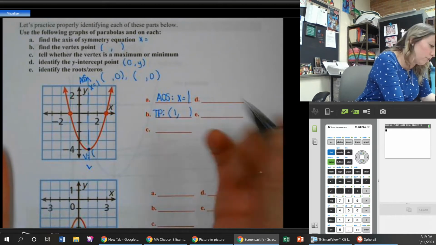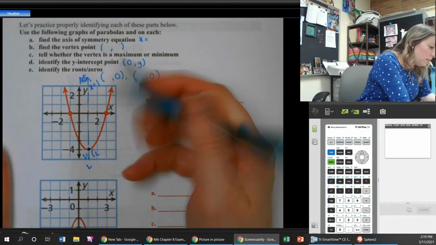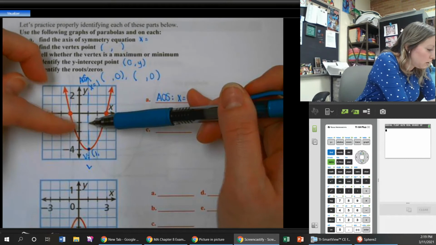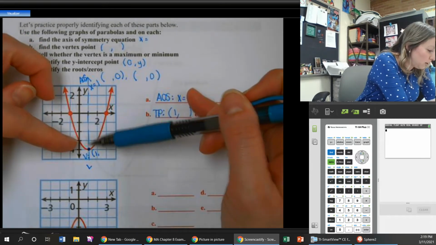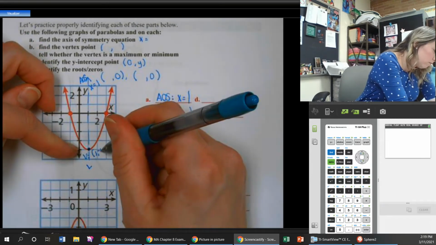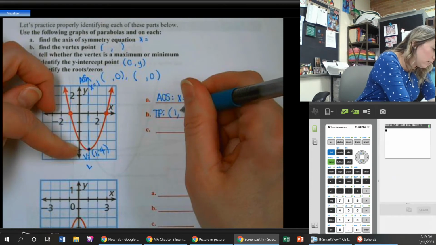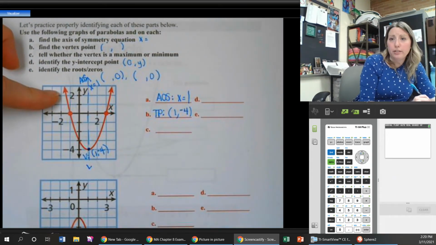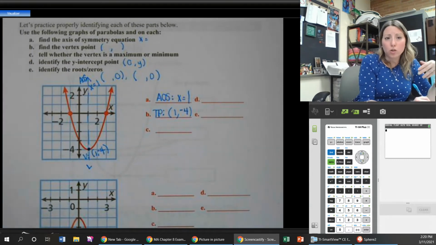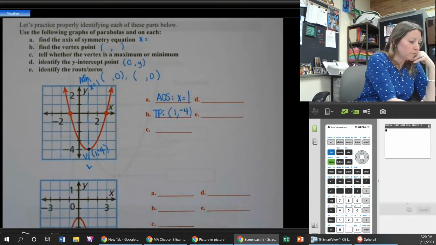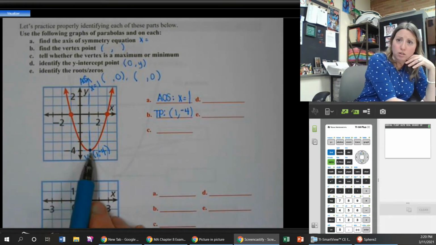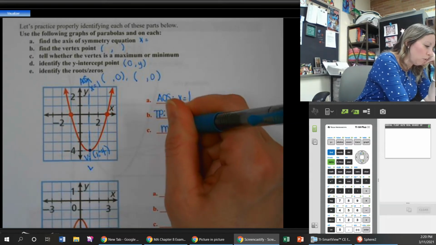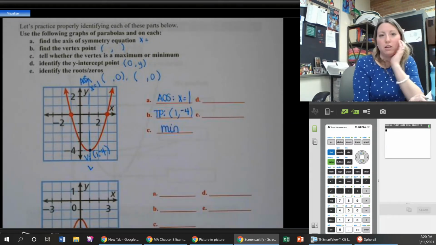TP or V for that guy. It's definitely 1, but let's see where we are y-wise. So -1, -2, -3, -4. So 1, -4. Is this point a high point or a low point? It's down here, so it's a low point and what we call a minimum, or just min works for me.